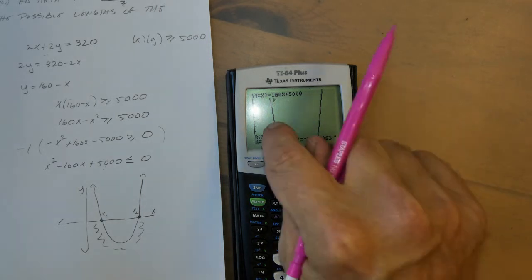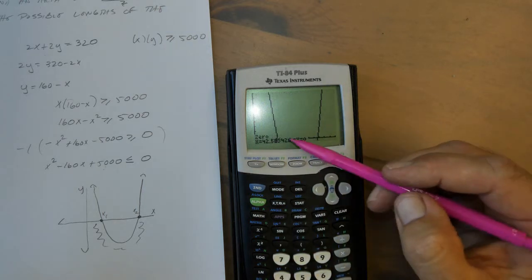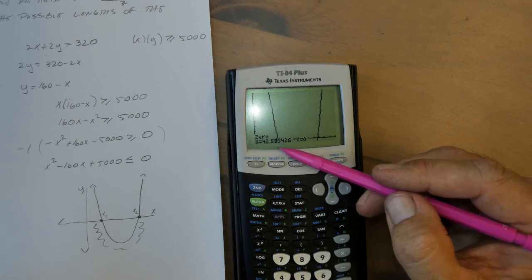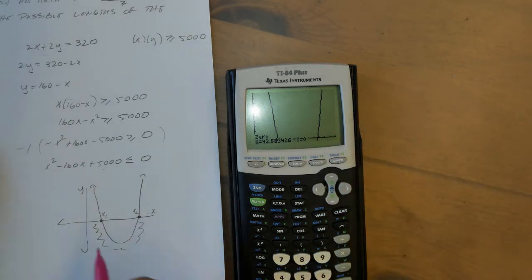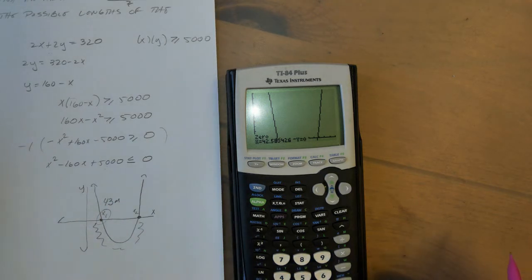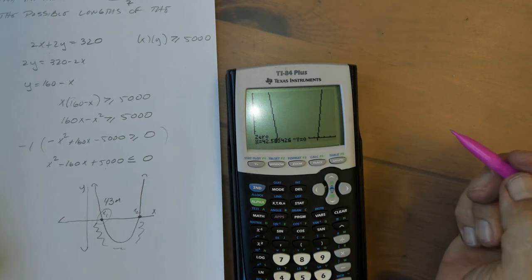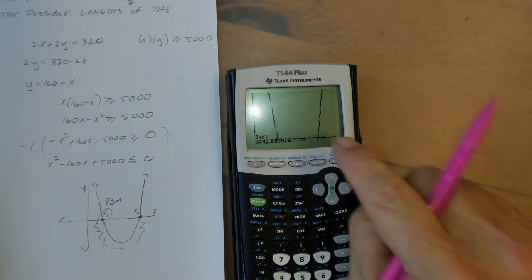I see my y values below, so I'm to the right. I hit enter, and use that as a guess. And notice we have 52.58. So for our purposes, I'm going to say that one is 43 meters, because all of our answers should be integers, since we're not going to make a rectangular garden that's not in integers. All right, and then we're going to find the right one.